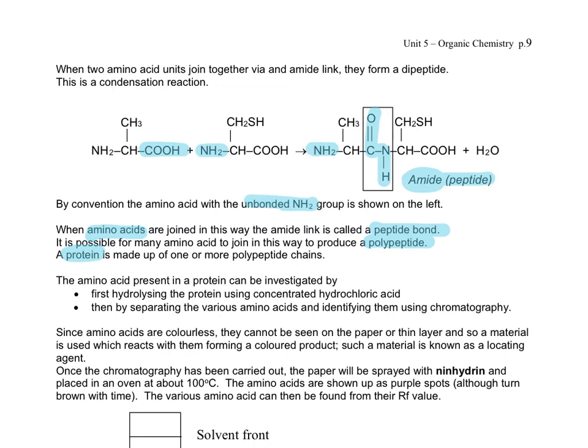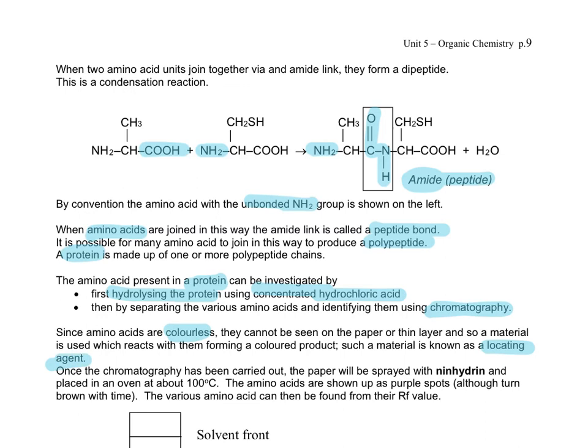So if you have a protein, you can break it down into the individual amino acids by hydrolyzing the protein using concentrated hydrochloric acid, and then you could separate those amino acids to identify them using chromatography. The amino acids are actually colourless, so you need to form a coloured product, and that chemical that we add to it to form a coloured product is known as a locating agent.